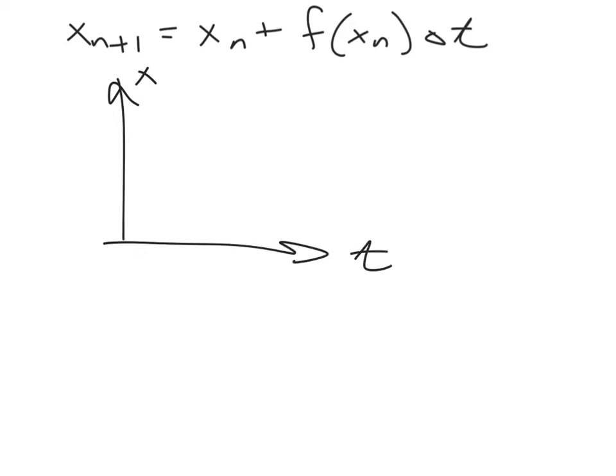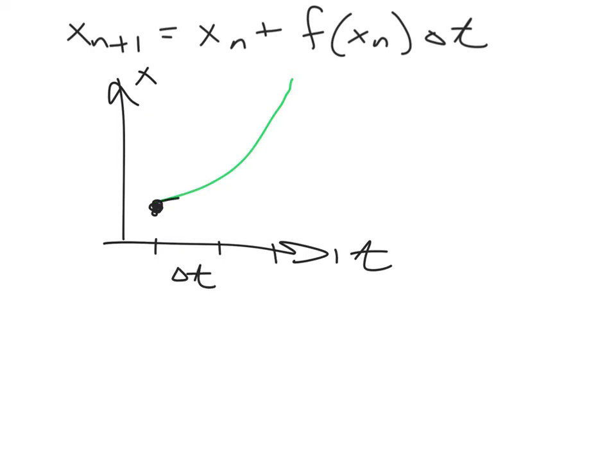So imagine we have an exact solution that looks like this, and we're using this algorithm to create an approximate solution. So we start at this point, and we compute the slope at this point, and we multiply times the delta t that we want to use. So let's say we're taking time increments about this big.